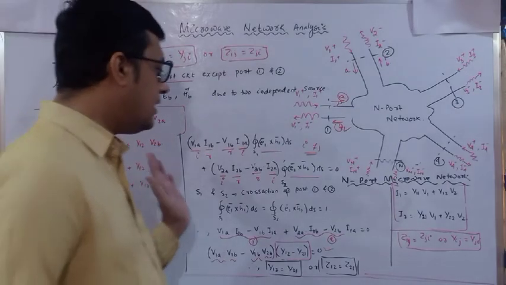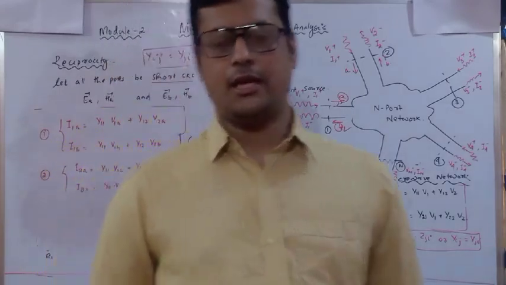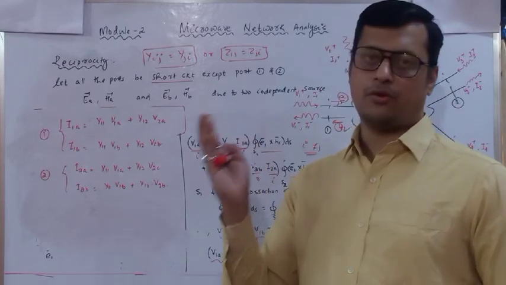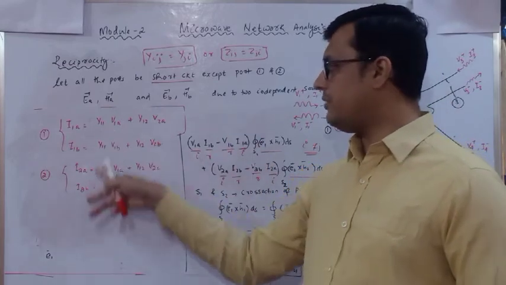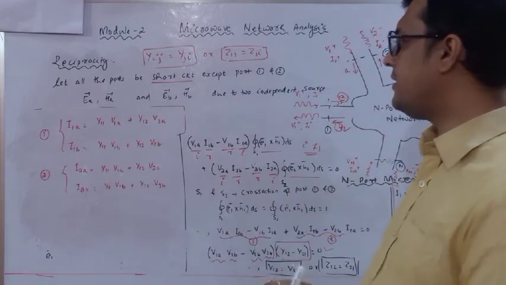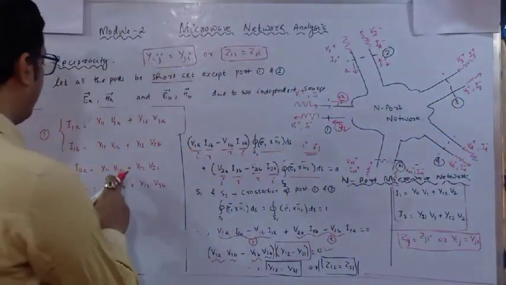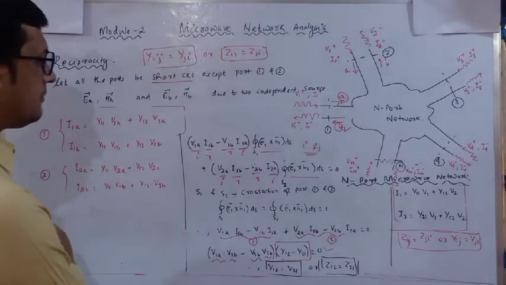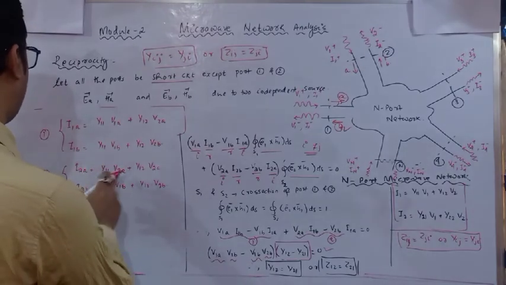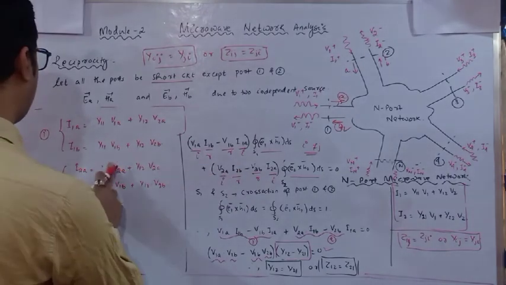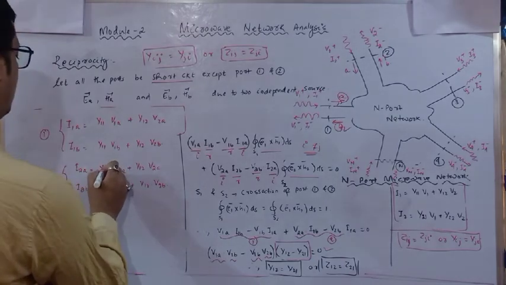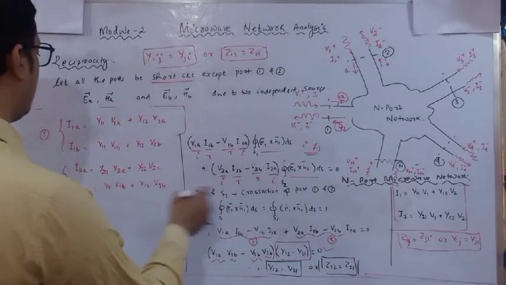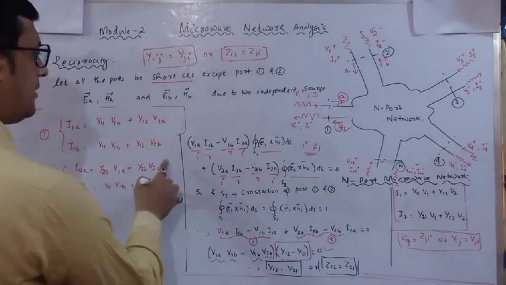This is with respect to the relations of the incident and reflected parts for port 1 and port 2. Whatever we have identified, I have substituted here. So this will be V2A. Okay, this is Y21, sorry, this is Y22, because it is V1A and this is V2A.